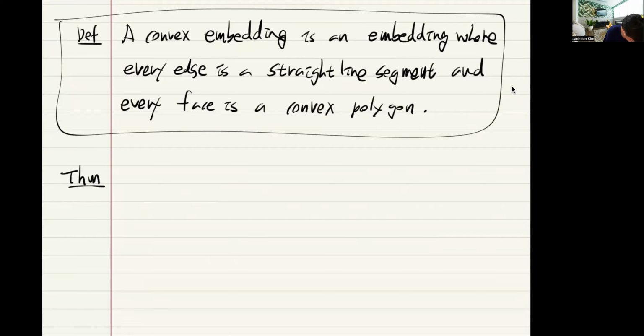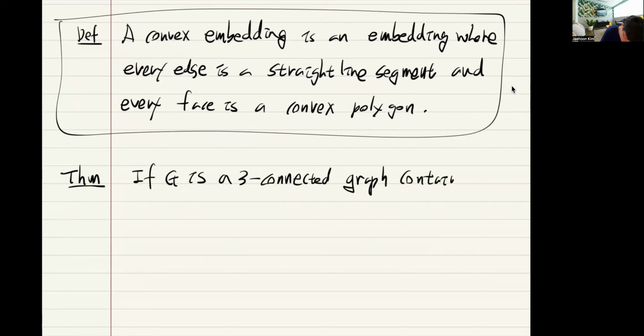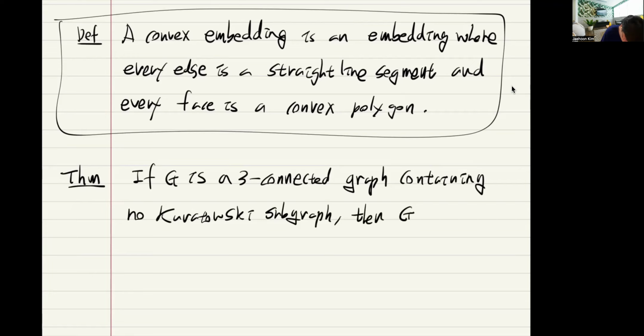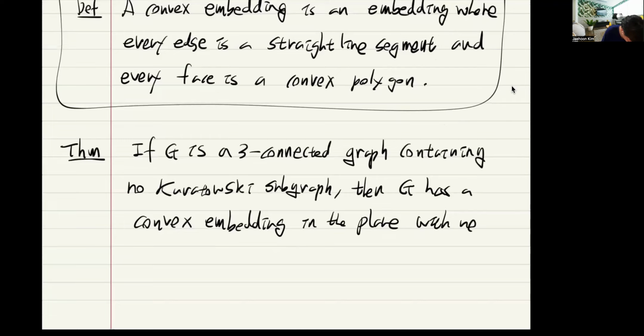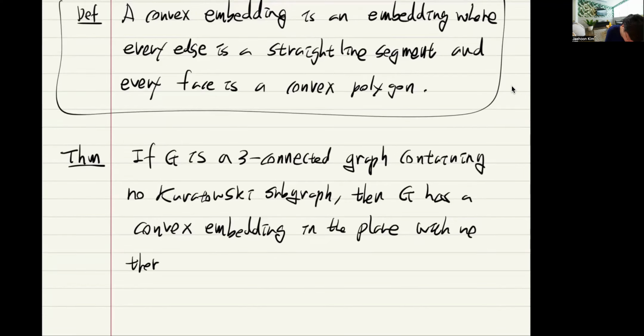And what we can actually prove is that if G is a 3 connected graph containing no Kuratowski subgraph, then G has a convex embedding in the plane with no 3 vertices on a line.